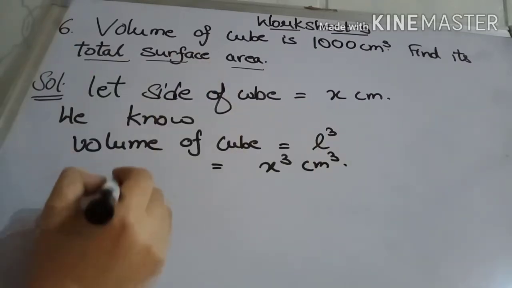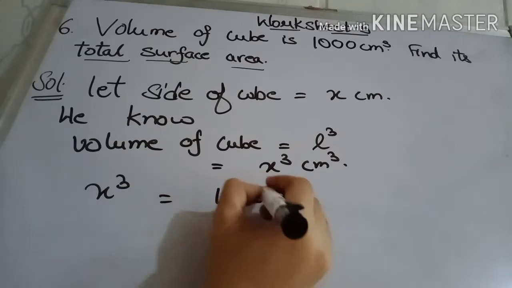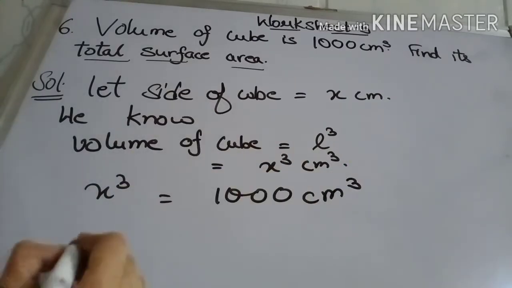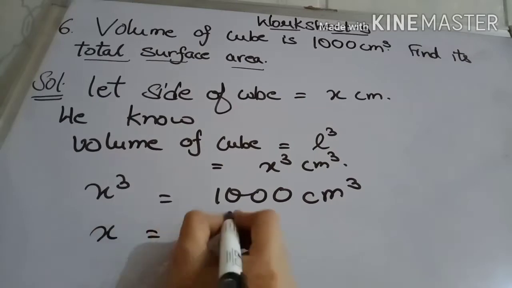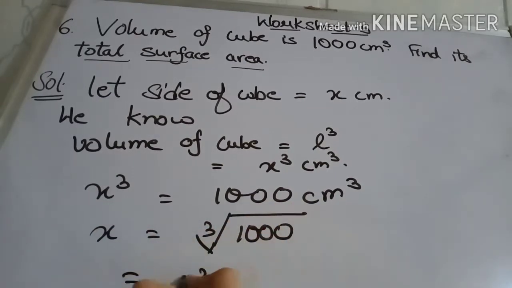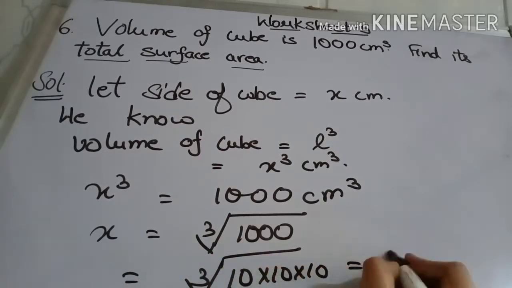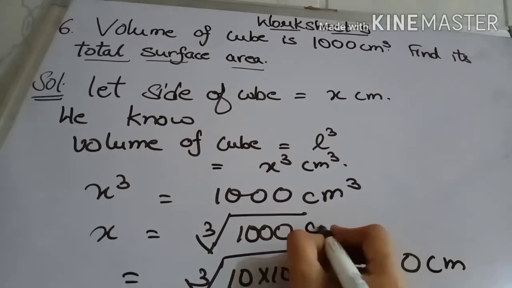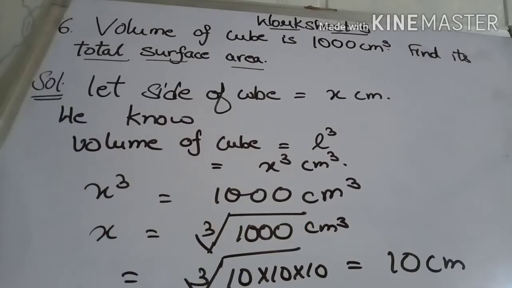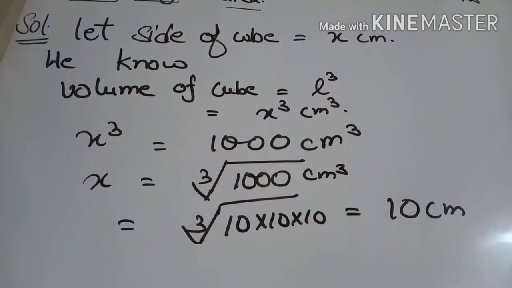Now x cube is equal to the volume they have given you, 1000 centimeter cube. So you should find the cube root of 1000. What will be the cube root of 1000? That is 10 into 10 into 10, equal to 10 centimeter. So the side of the cube is 10 centimeter.